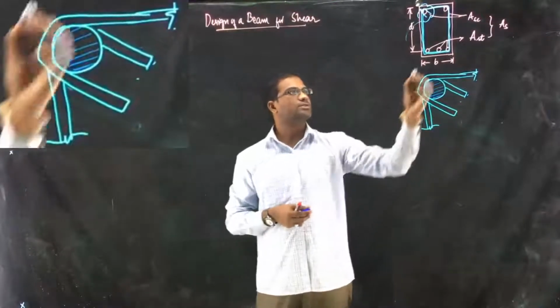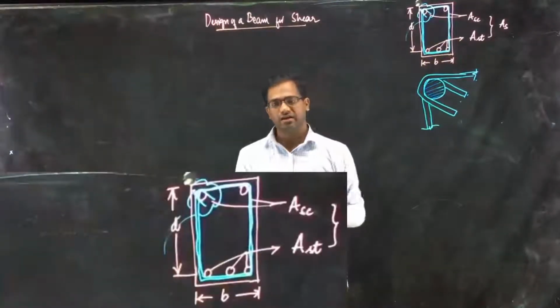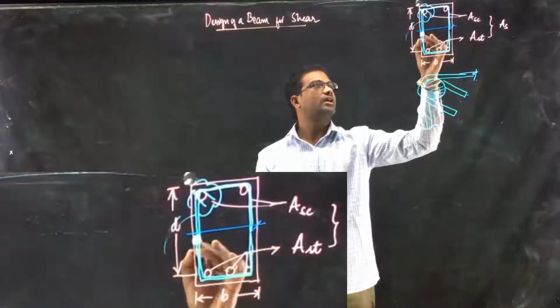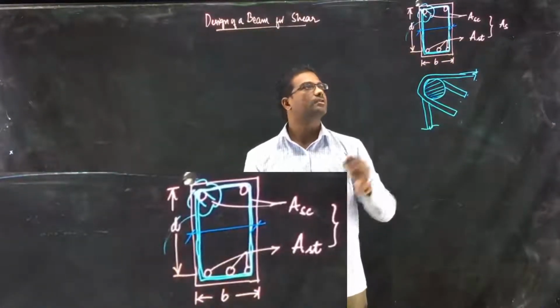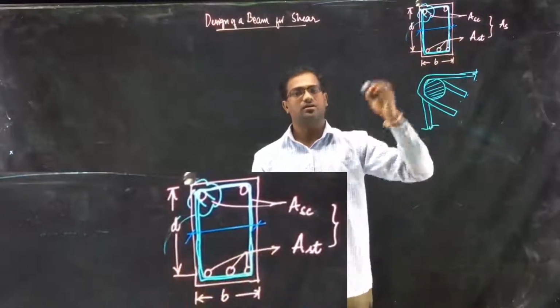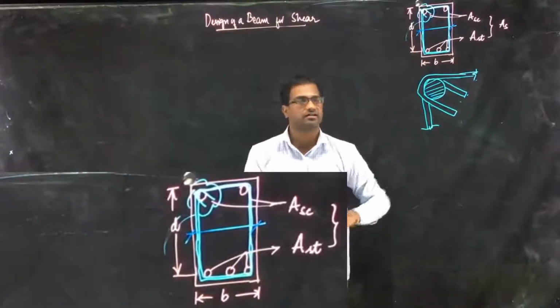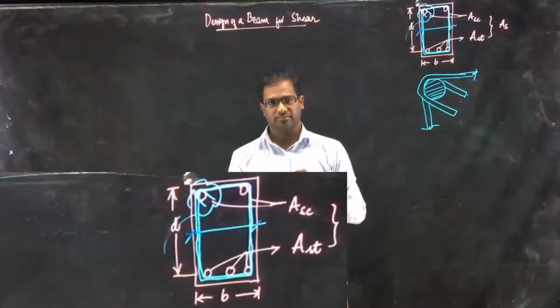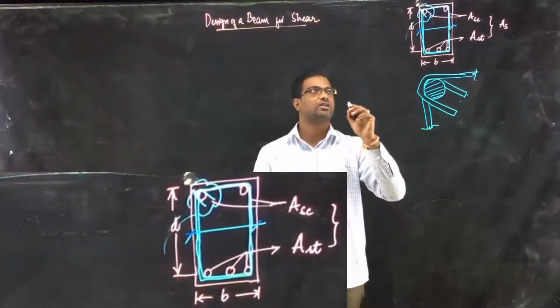Now we are going to discuss the steel. If I cut any cross section, how many times am I cutting the shear reinforcement? Here it is 2 times, so it is called a 2-legged stirrup.